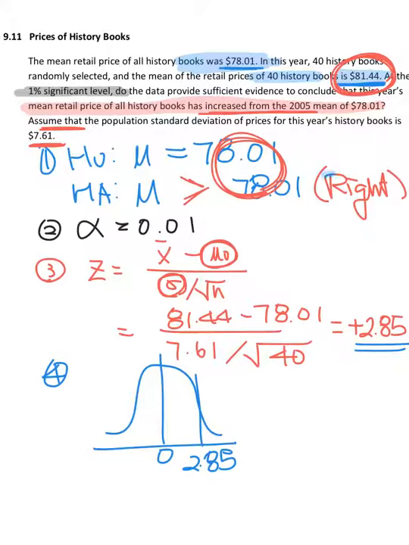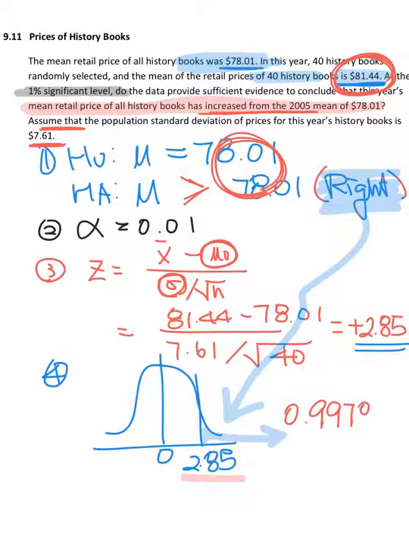See, it was right-tailed. We need a right-tail probability. Why don't you give me the probability from the z-table? What is the probability at a z-score of 2.85? 2.8 and 5. 0.9978.